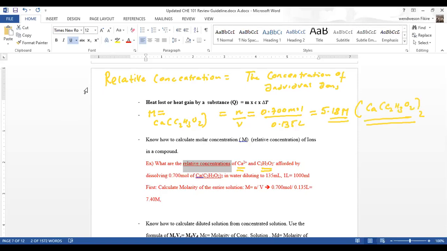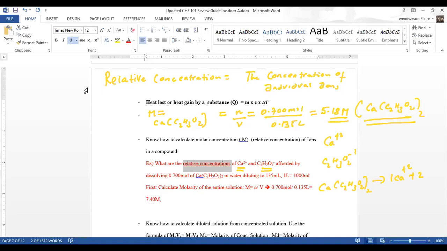This is for the entire solution. Now, the relative concentration of calcium and the relative concentration of acetate depend on the decomposition, or the ratio of the compound in calcium acetate. When calcium acetate is decomposed, you have 1 calcium ion and 2 acetate ions.